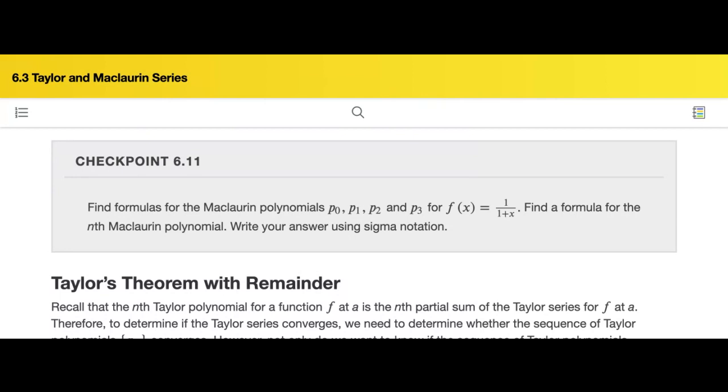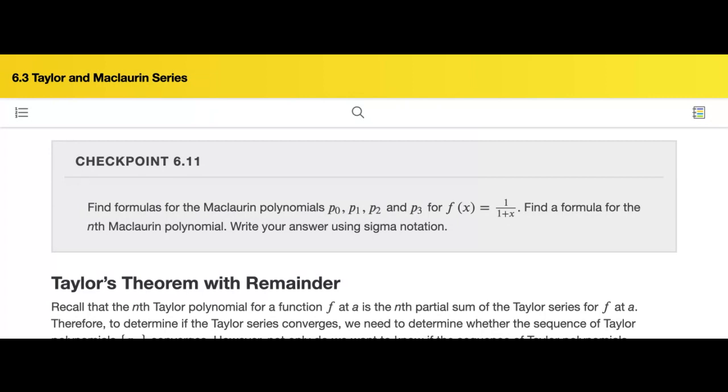We just take the first four terms: negative 1 raised to k, x raised to k, starting with 0.